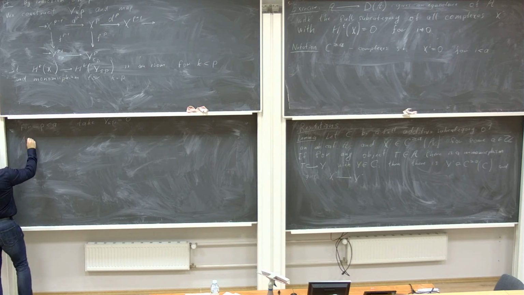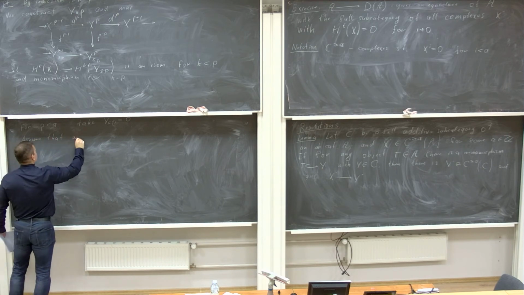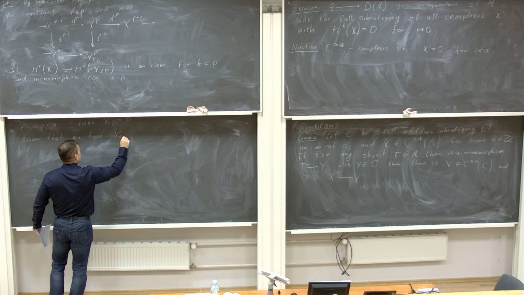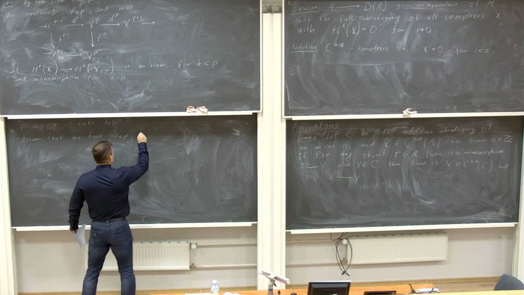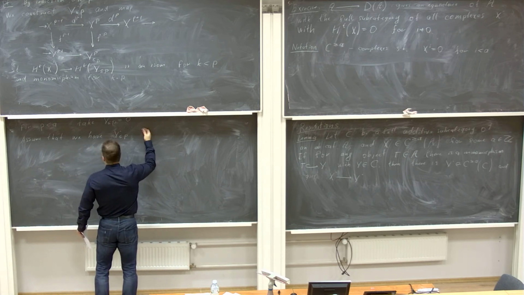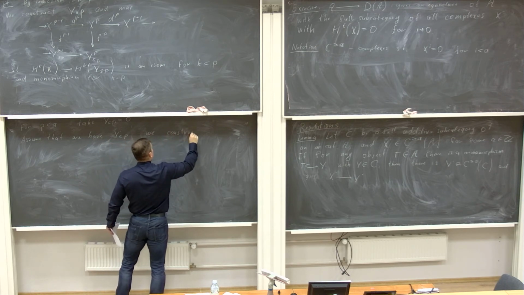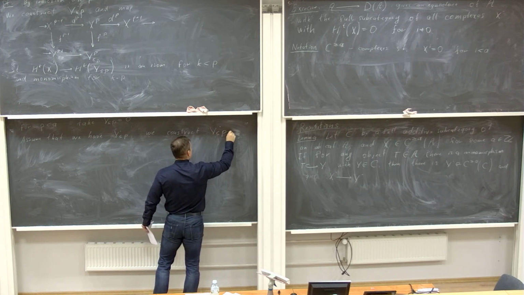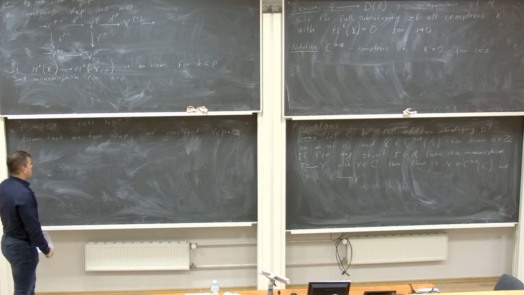So assume that we have y for the p for some p. We construct y_{≤p+1}. So we're going to do the next step in the induction.